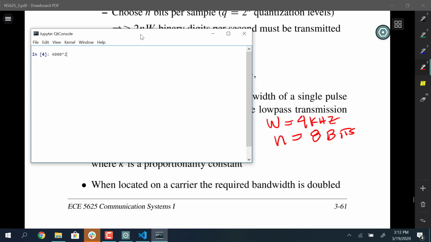So I'm sampling at greater than twice, or in this case I'm just approximating it as twice, and then each sample is encoded with 8 bits. So that gives me 64 kilobits per second of serial data that I have to stream in order to support a 4 kilohertz wide audio signal encoded with 8 bits.